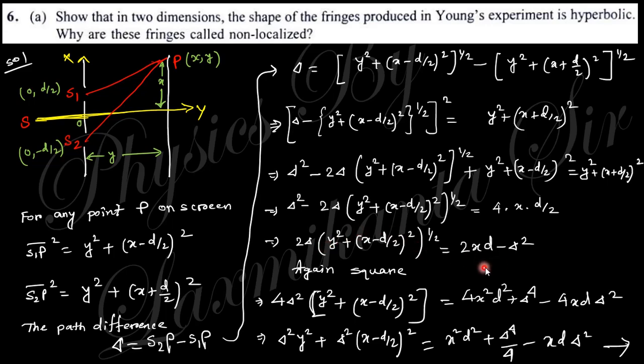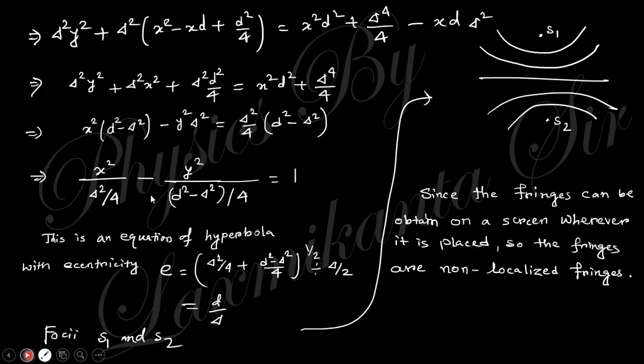This gives you the final expression. You can rearrange them, and finally this equation is the equation of a hyperbola, with the eccentricity like that. Since the fringes can be obtained on the screen wherever it is placed, these fringes are non-localized.